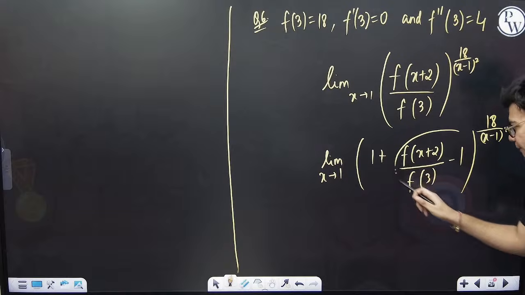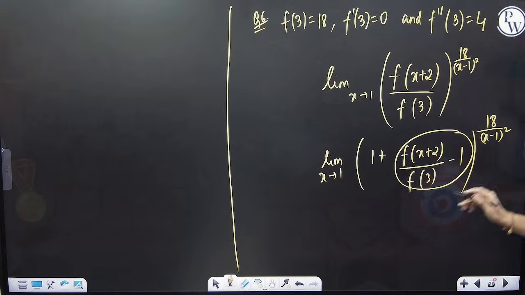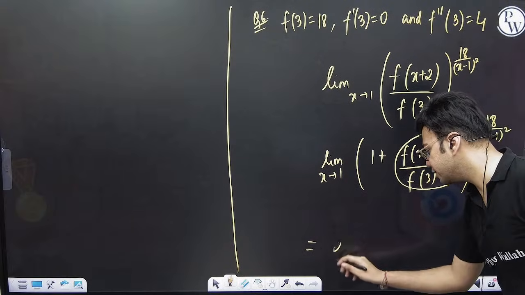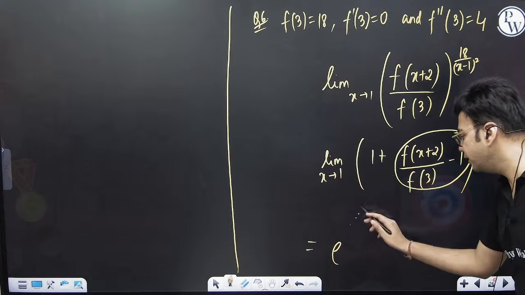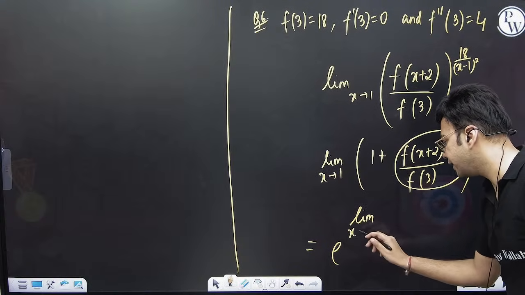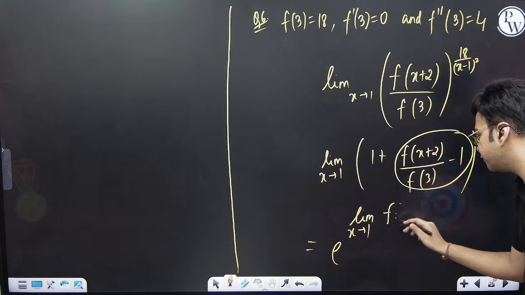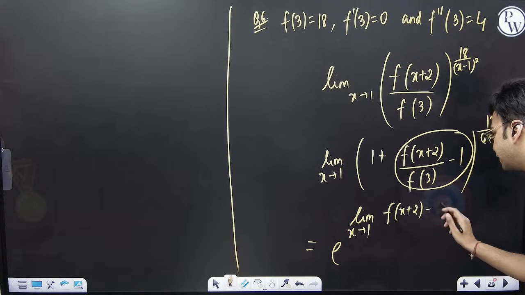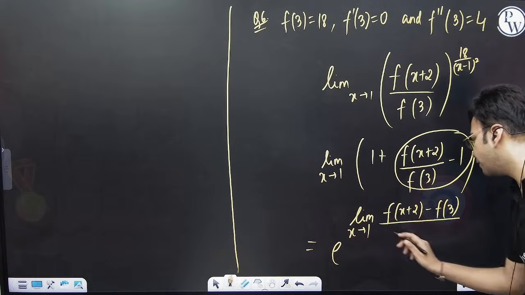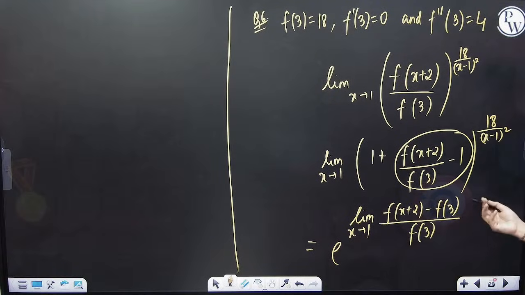Now this whole part will get multiplied with this, and your limit will come something like this: e raised to the power limit x tends to 1. If I take the LCM, what I'll get? f of x plus 2 minus f of 3 upon f of 3, and this whole thing will get multiplied with 18 upon x minus 1 whole square.